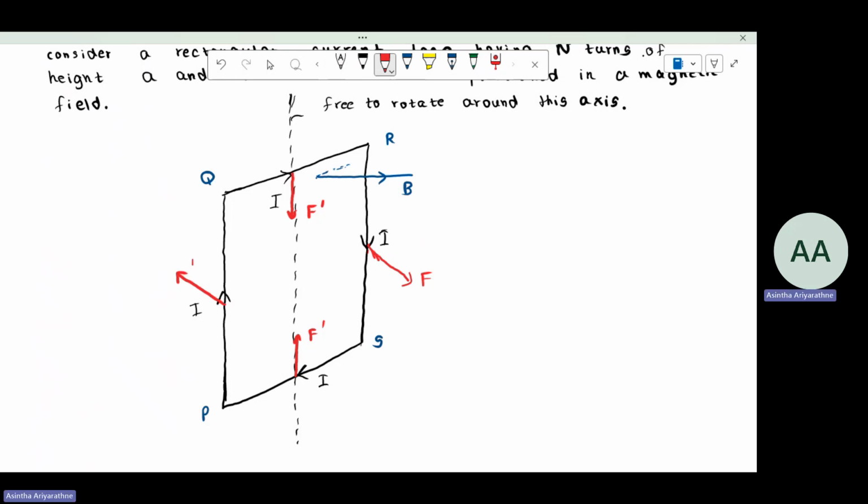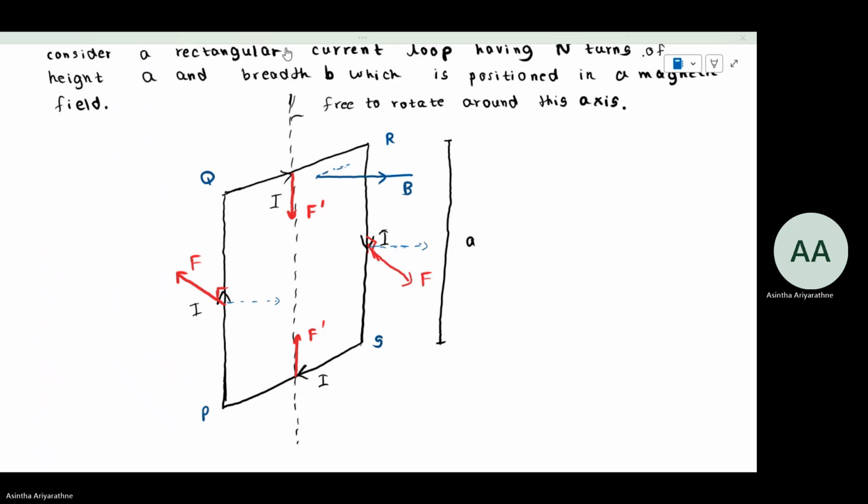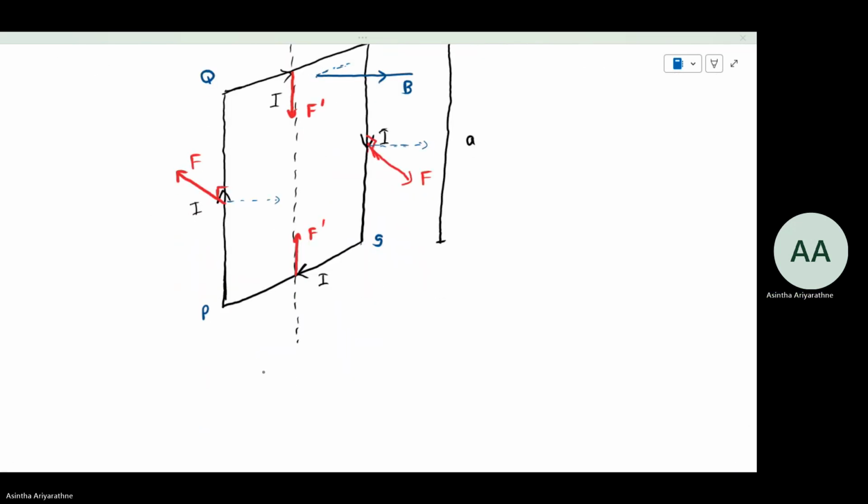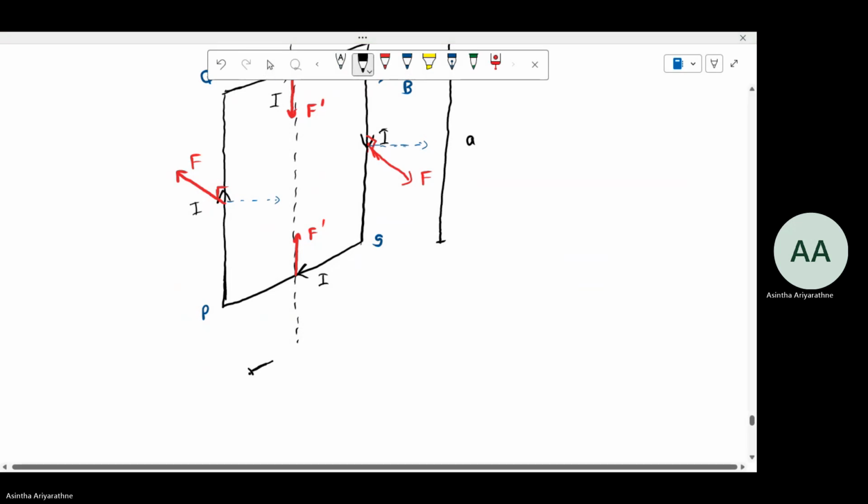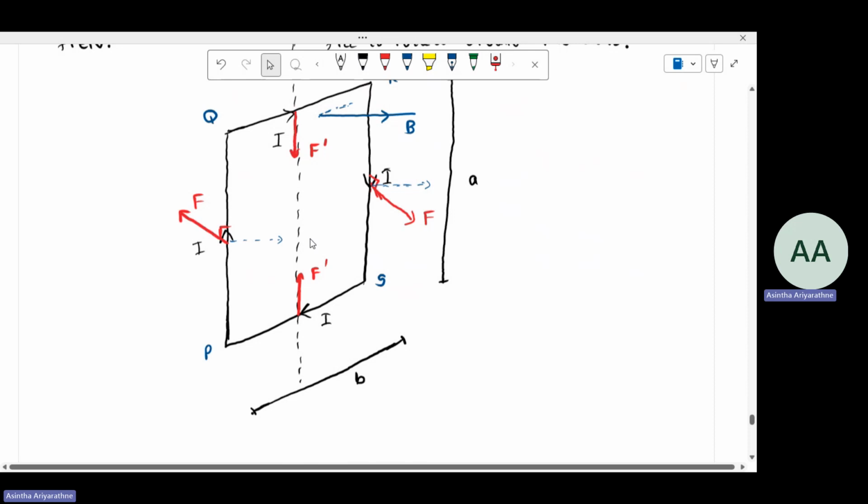Here also the force is in the opposite direction, at a 90 degree angle. Height is A, and breadth is B.